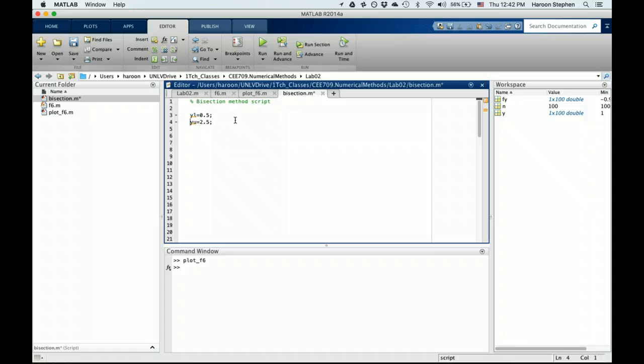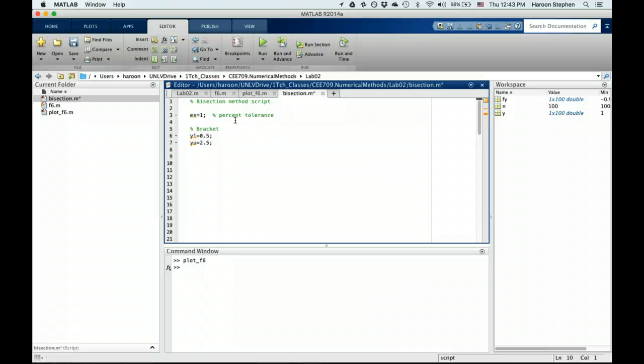And we also know that our acceptable tolerance for this method is 1%. Tolerance. Okay, and this one is our bracket.